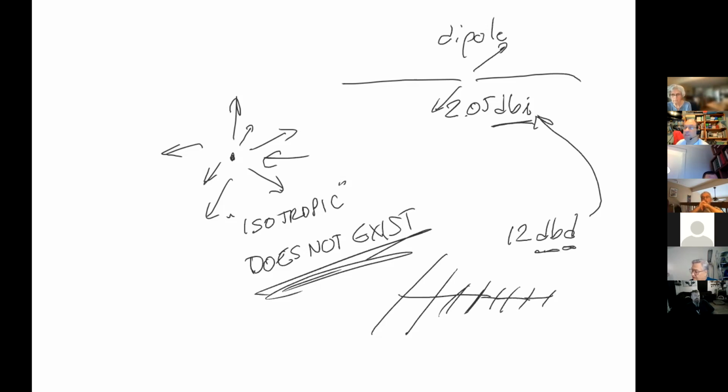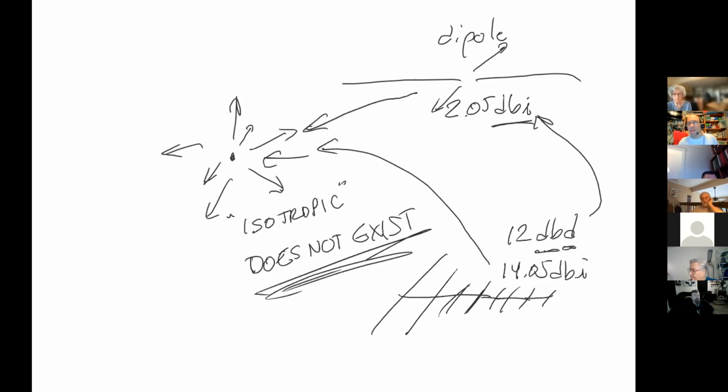If we were to give it a dBi rating, it would be 14.05 dBi, because there's the I, and the dipole is already 2.05 dB better than the isotropic radiator. So when you go to get an antenna, it is very important to note whether they're giving you a rating in dBd or dBi, because one of them is going to be about 2 units bigger than the other.